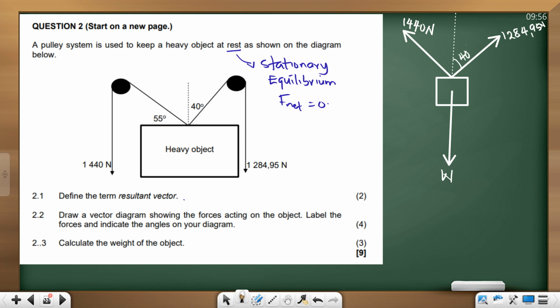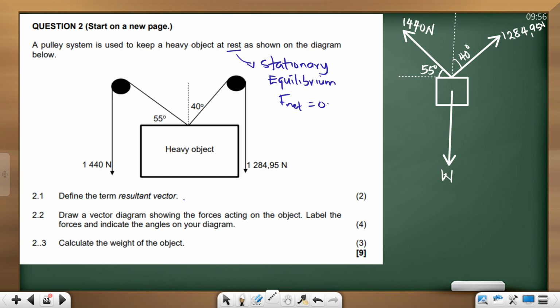This angle is 40 degrees and this angle is 55 degrees. And you are done answering that question. 4 marks. Please, there must be arrows and it must be labeled. I will explain the difference between a force diagram and a free body diagram in our next session when we deal with Newton's laws. But that's my answer there.